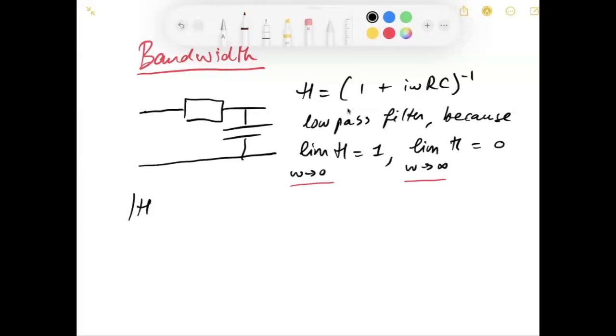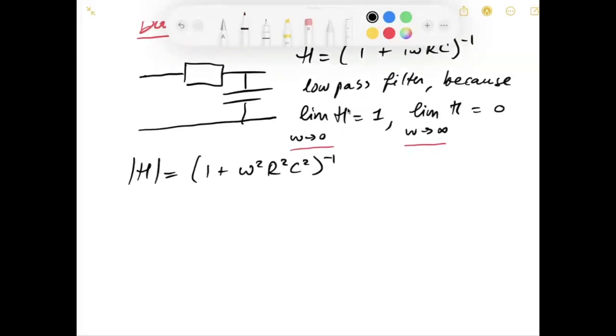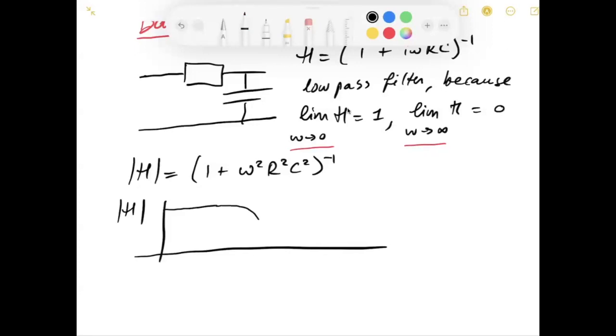If you look at the modulus of this thing, or the length, and you plot that, it's 1 here, and at some point it goes to 0.